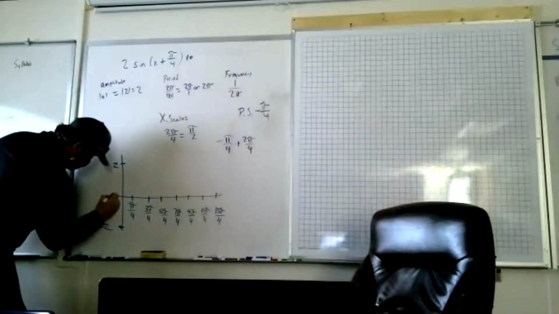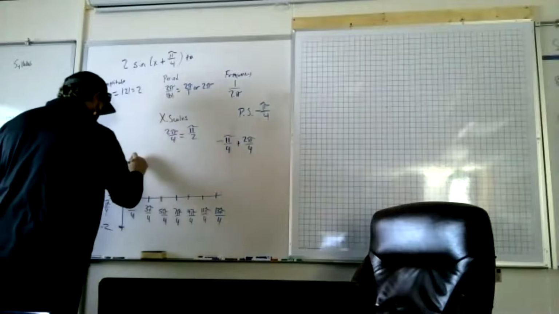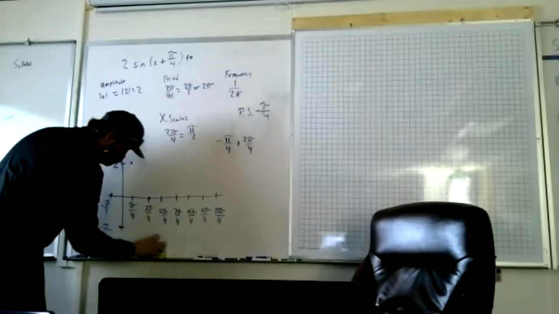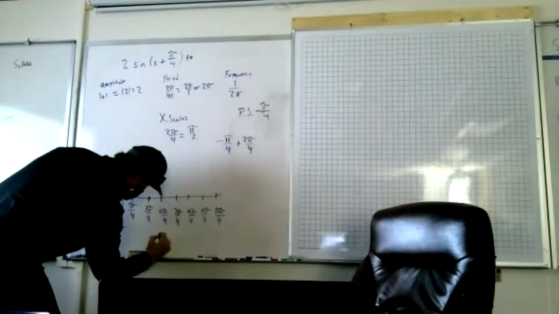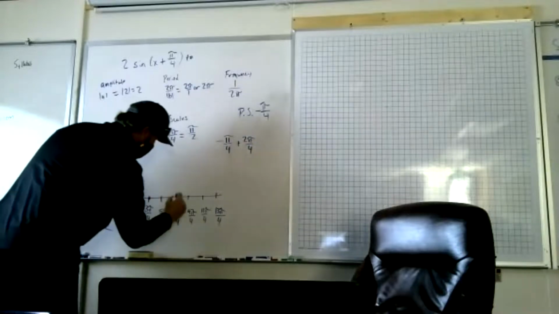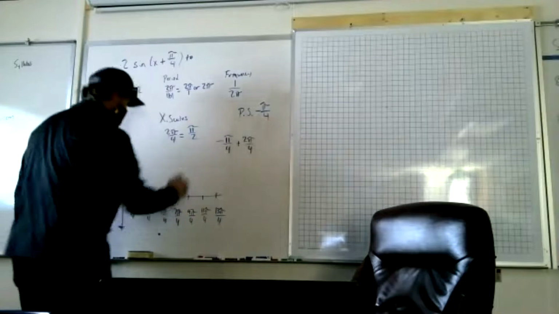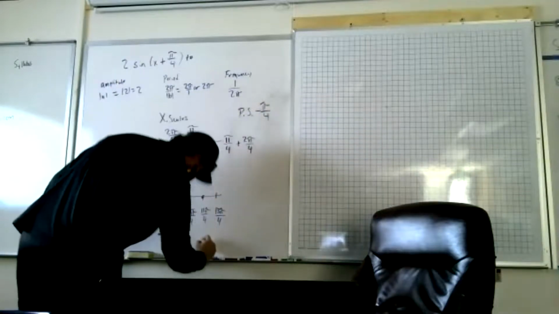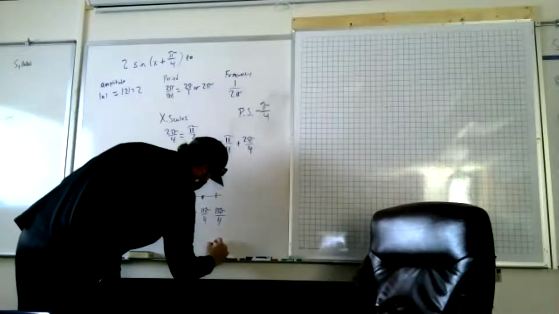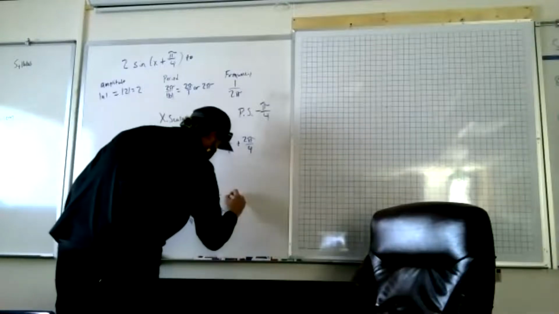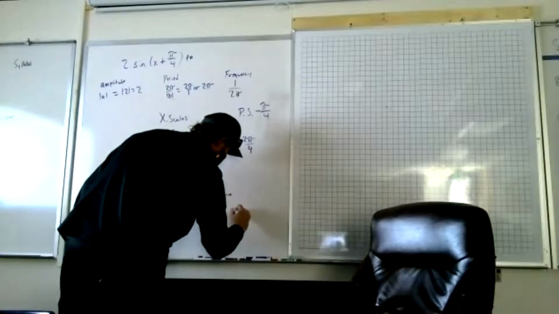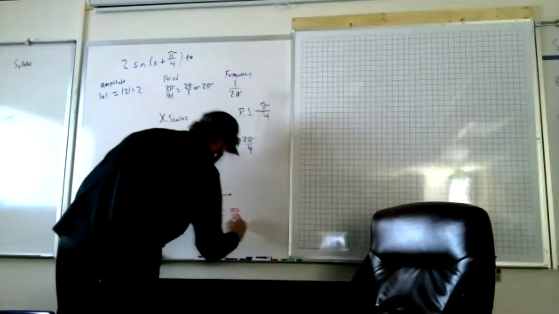So I start here, then I go to the maximum because it's the sine function. Then I go back to the midline. Then I go to a minimum. Then I go back to the midline. Then I have a maximum, midline, minimum, and I finish up my period at 15 pi over 4.